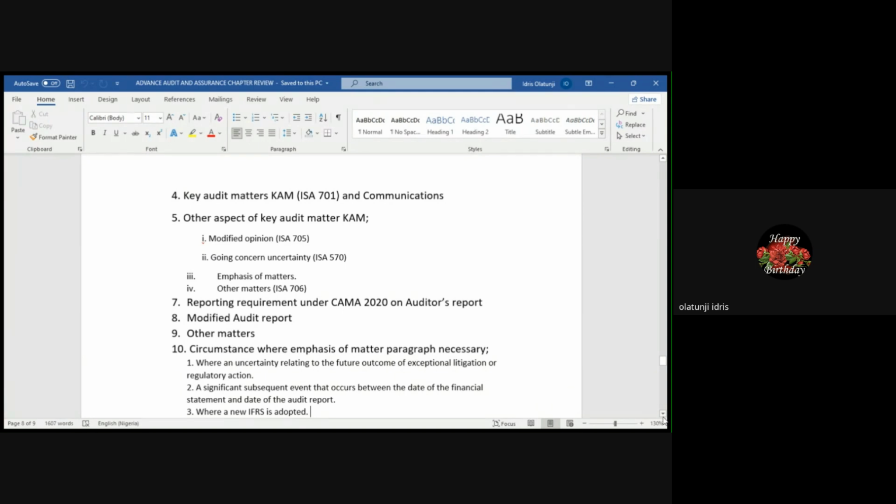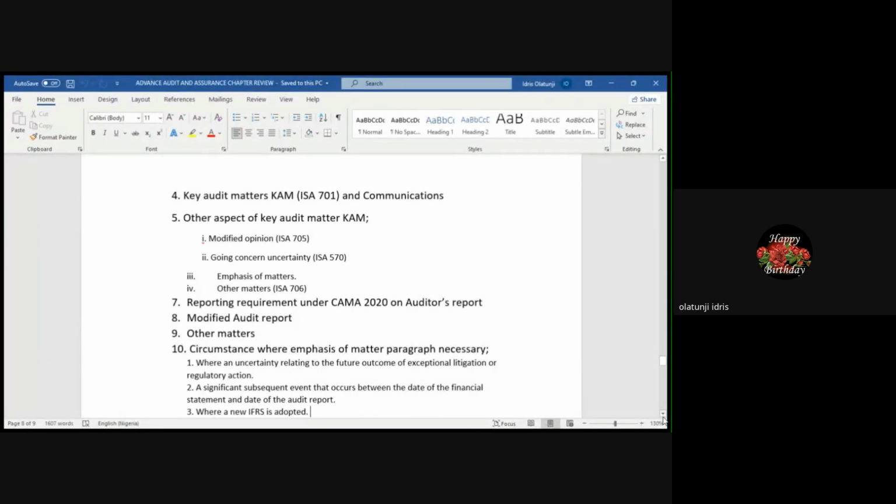When there is uncertainty, the auditor must explain and describe the situation in that paragraph of the auditor's report. Then the next one is emphasis of matter.